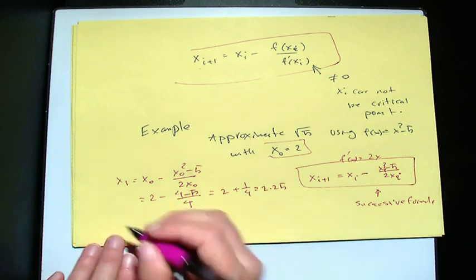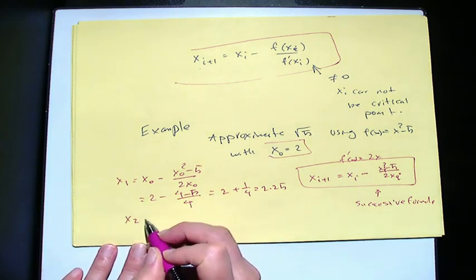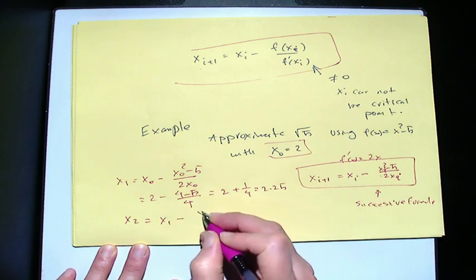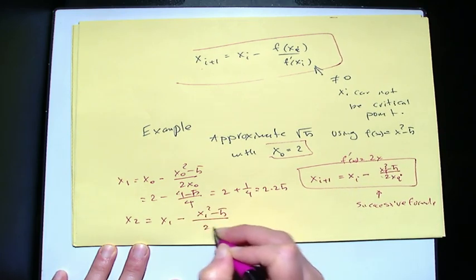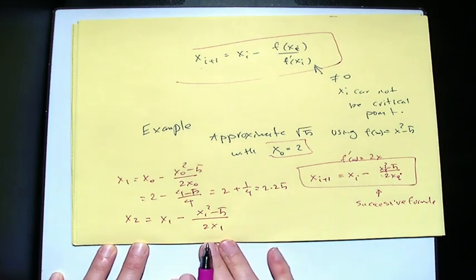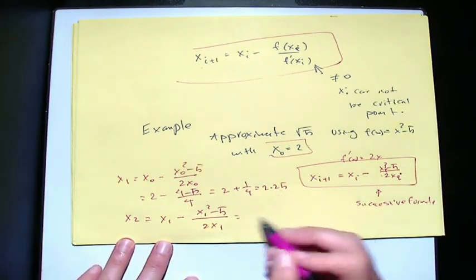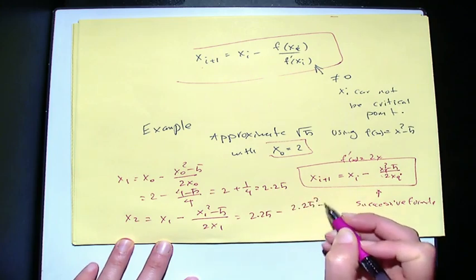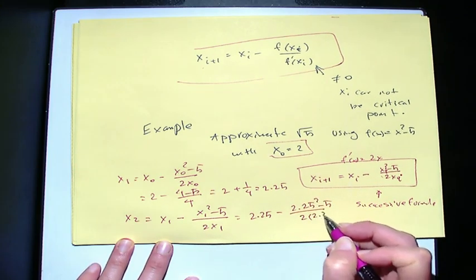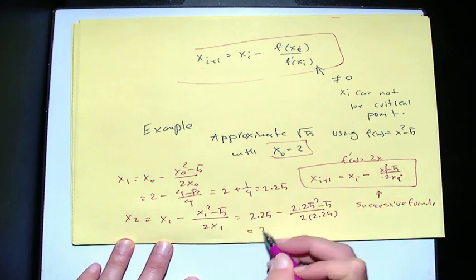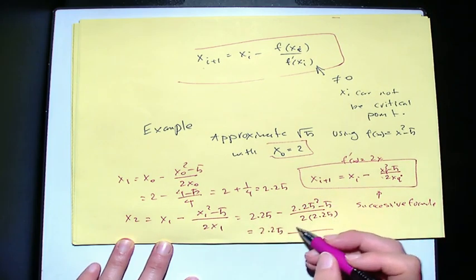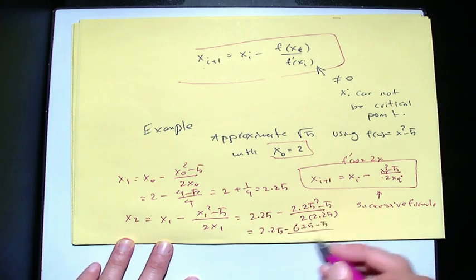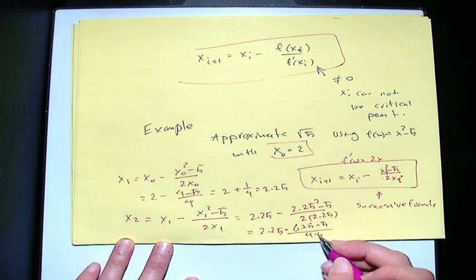Now, let's compute x2. x2 is equal to x1, again in the same problem, minus x1 to the power 2 minus 5 over 2x1. Everybody agrees on that? Now, what is x1? x1 is 2.25. So 2.25 minus 6.25 minus 5 over 4.5.